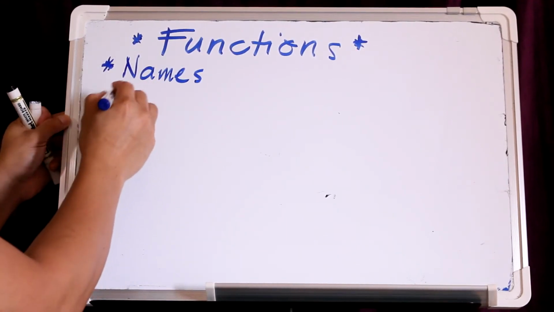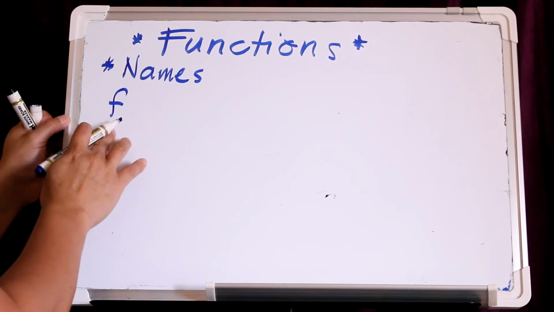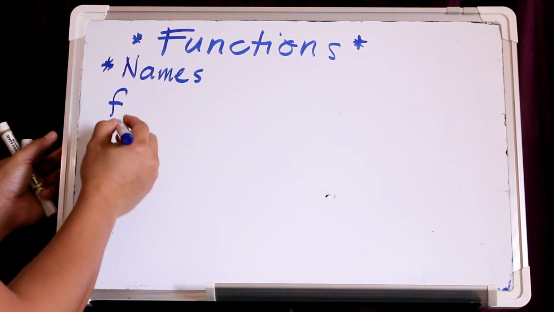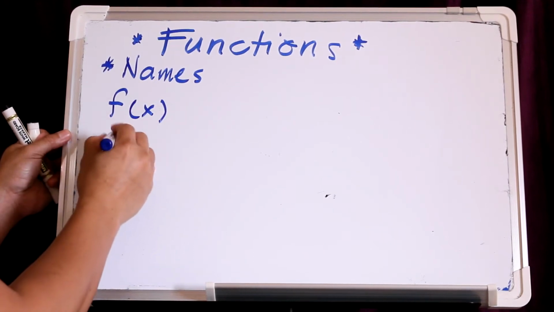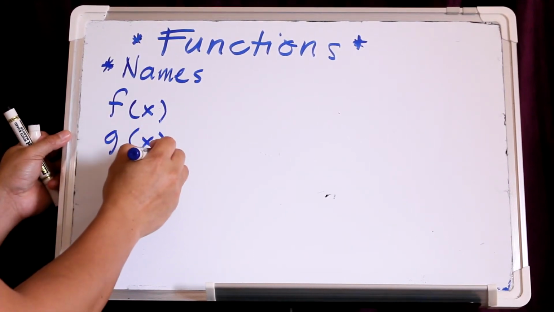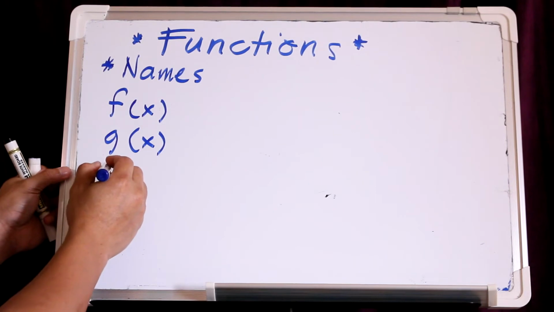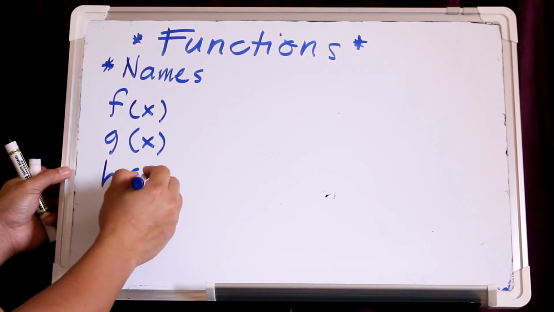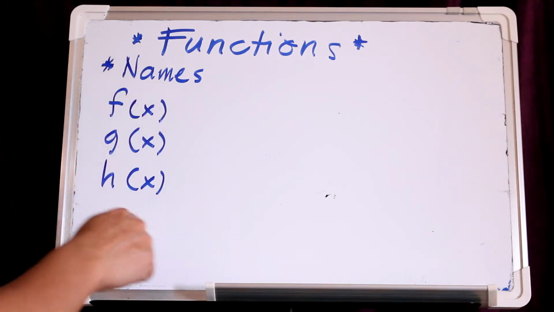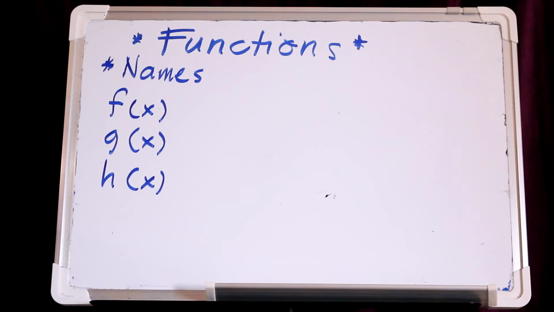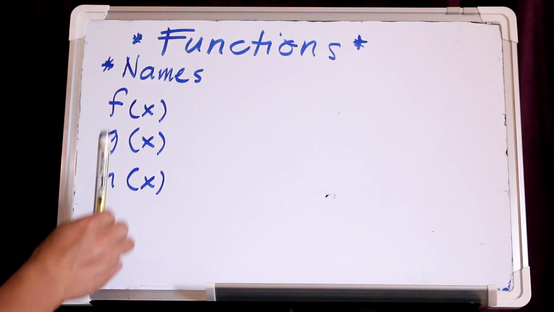You can have f function, so you can write f(x), g function, g(x), h(x). These are the most common ones. You can have any letter. So we call these the names of function. Right?